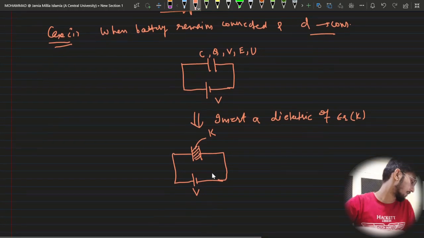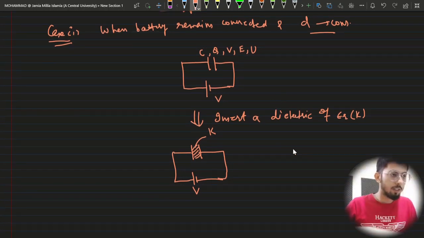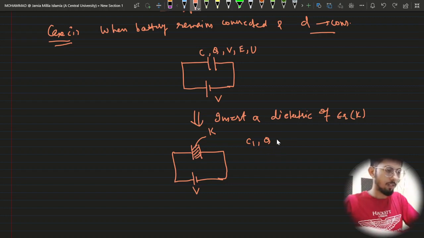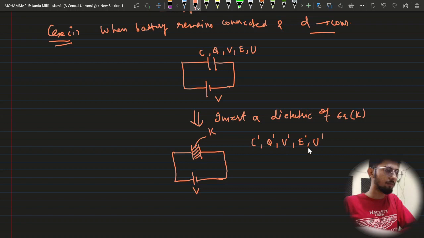So what will happen, you tell me. We have inserted a dielectric in the whole area, and the modified values are the dashed values. So C dash will be how much?